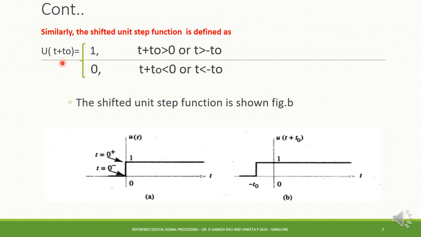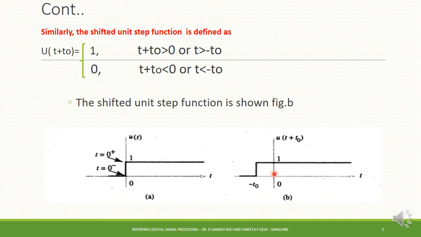Otherwise, go and revise once again what the time shifting property is. Here, u of t is nothing but the unit step function, and u of t plus t0 is the shifted unit step function. It is equal to 1 when t plus t0 is greater than 0.